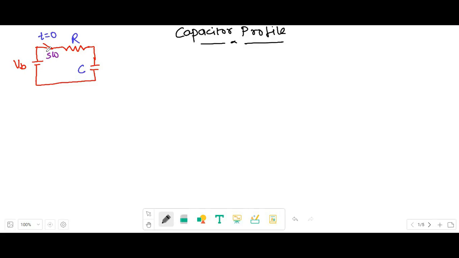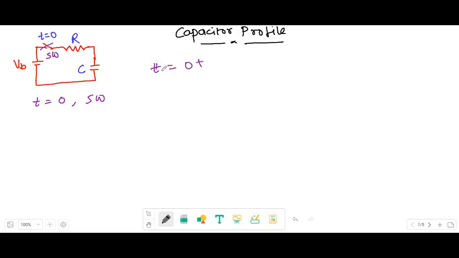This is the charging resistance or current limiting resistance R, and this is the capacitor C. And as soon as time t equals 0 plus, let's say your switch closes now.